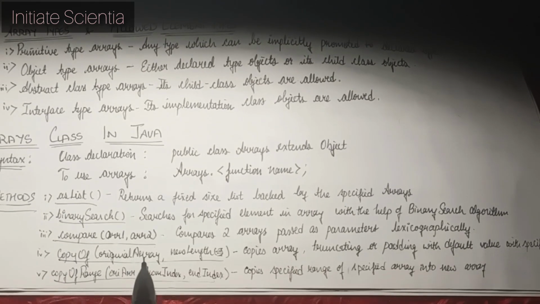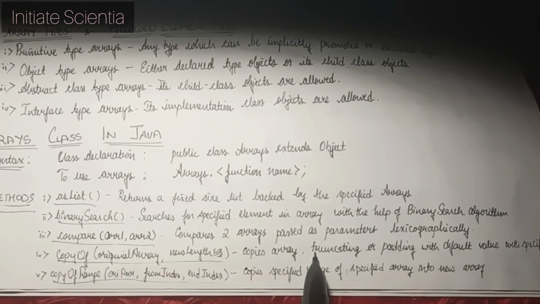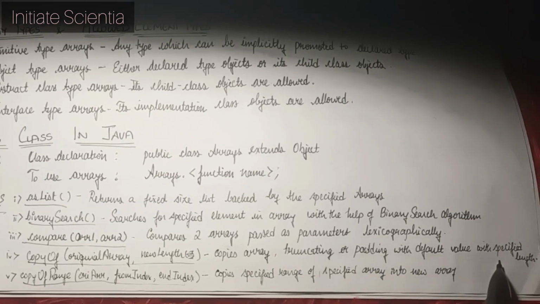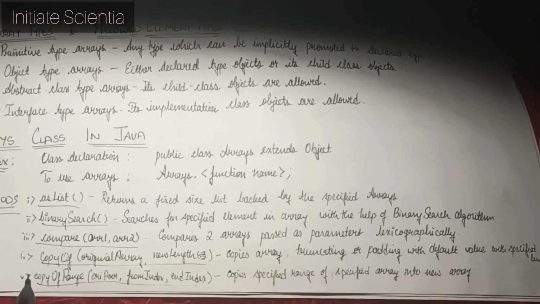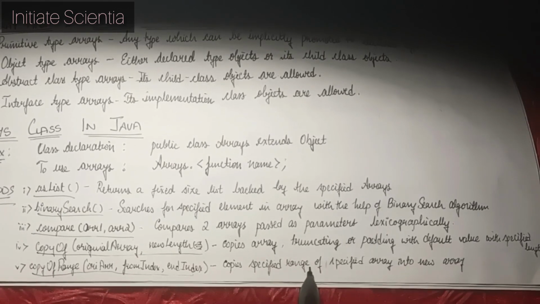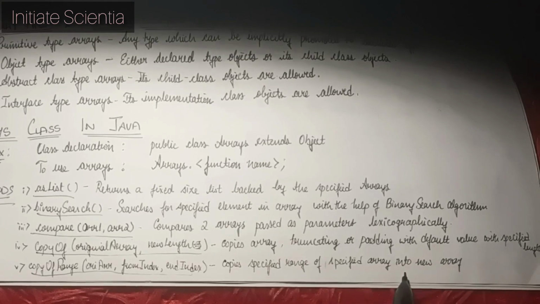copyOf(original array, new length) copies the array, truncating or padding with default values to the specified length. copyOfRange(original array, from index, to index) copies the specified range of the specified array into a new array.